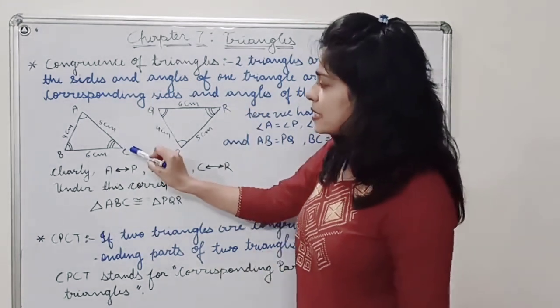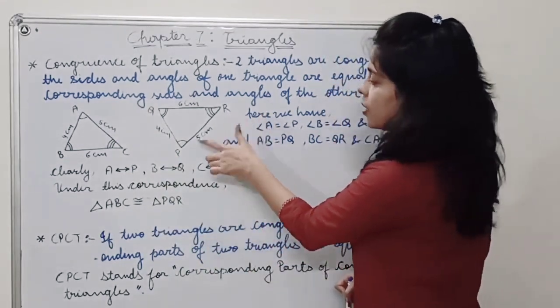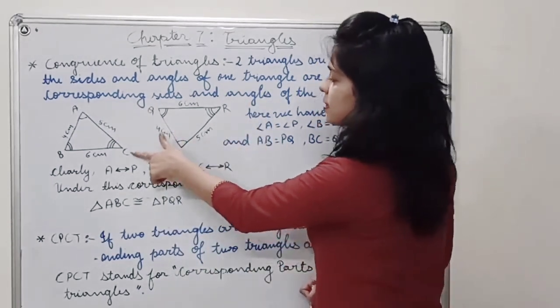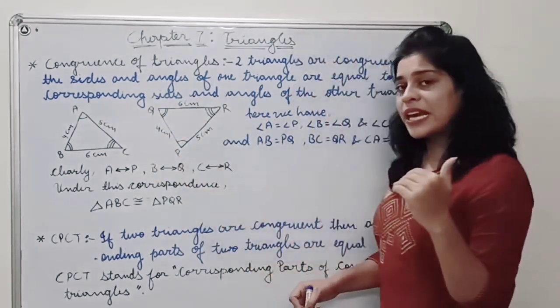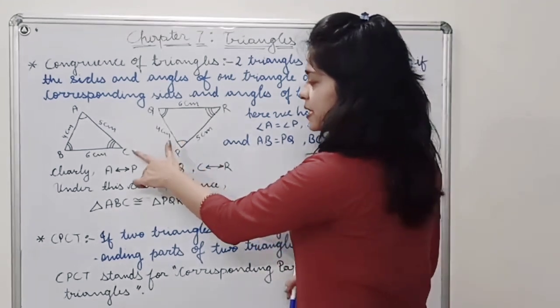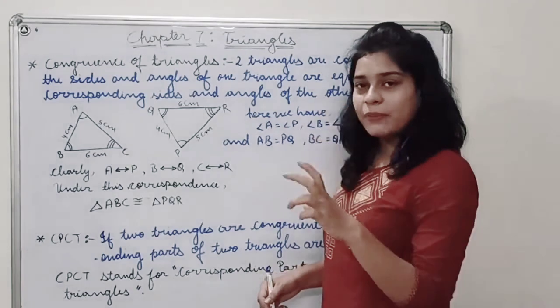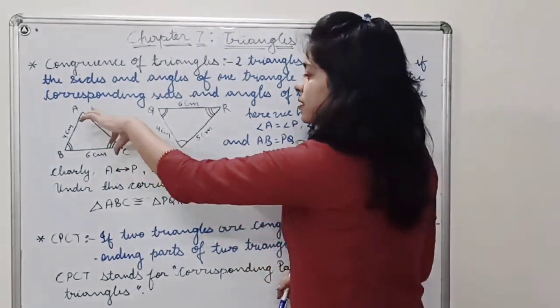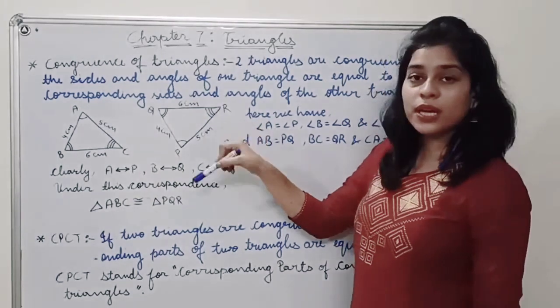Also, further, CA is equal to RP. Why? Because C is corresponding to R and A is corresponding to P. So if I am writing vertex C first, then vertex A to name a side, then under this correspondence only I will write the name of the side of the other triangle.